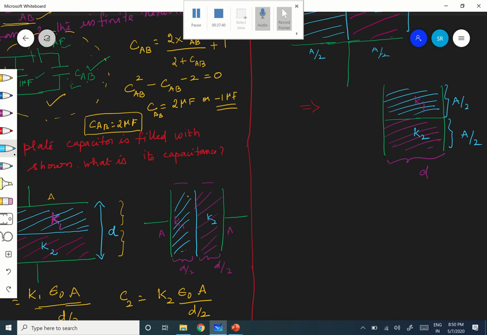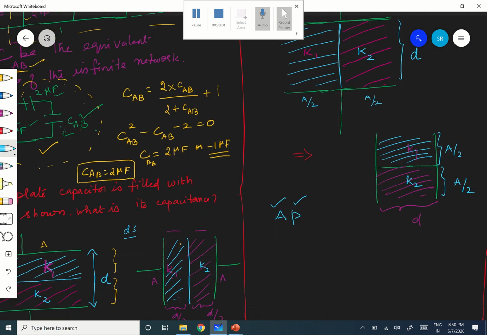Usually we remember it like this: AP. Area divided means parallel. DS: distance divided means series. So if you find the area divided, it is parallel. Here the full capacitor's area is divided into A by 2, therefore it is parallel.